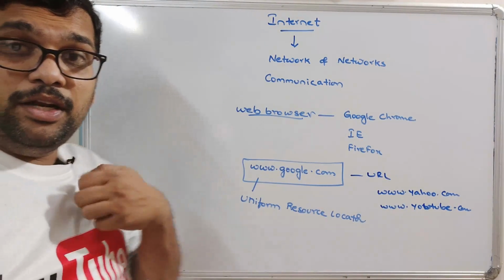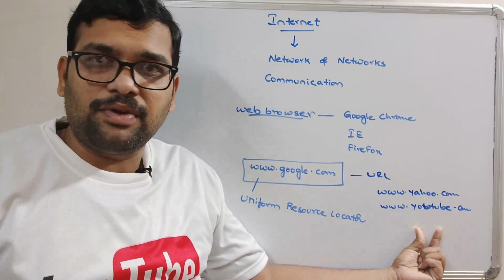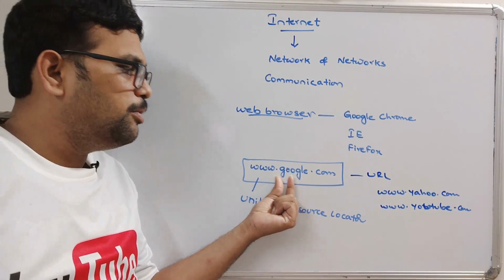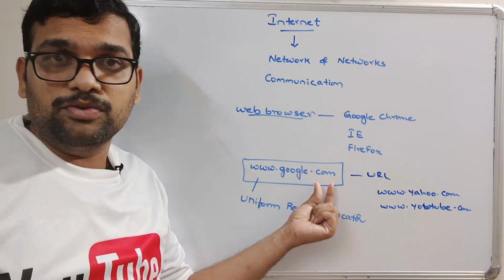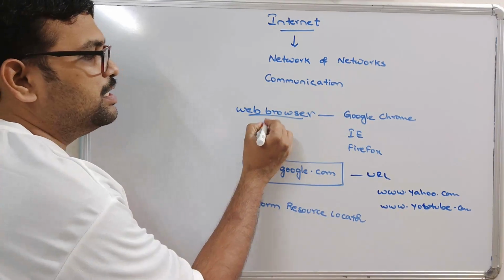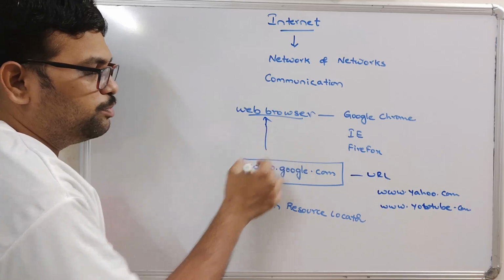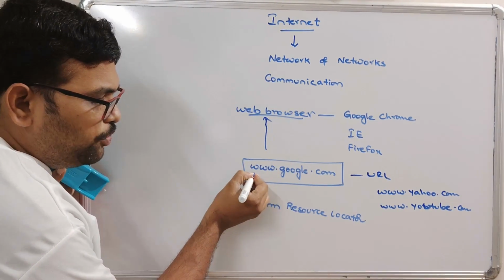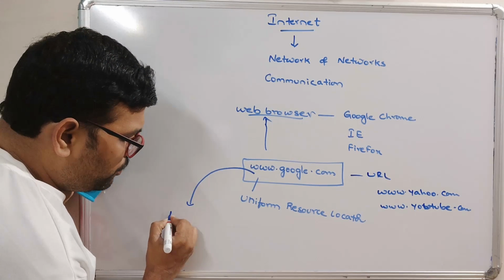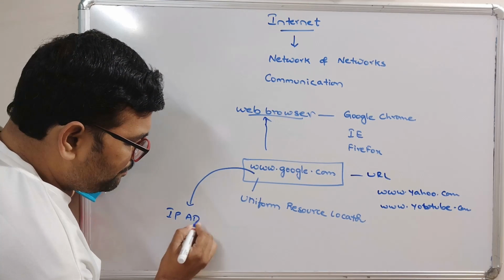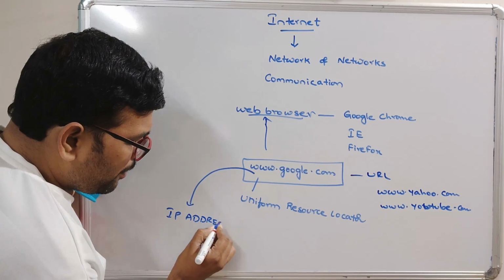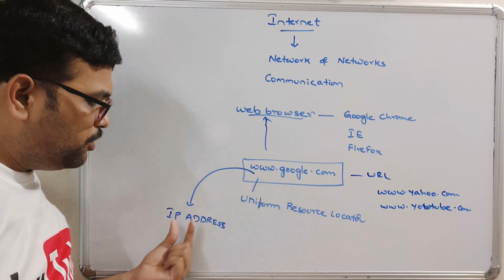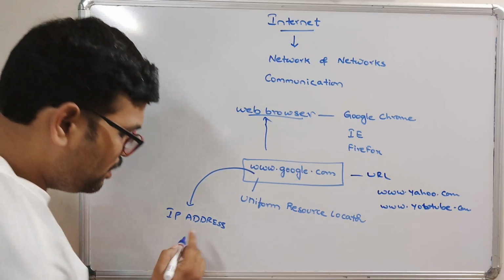So that means we need to communicate with that particular server, right? Now, what happens if you give www.google.com in the web browser? This URL should be given in this web browser. So immediately, this URL will be converted into an IP address, right? IP address means the numerical form.